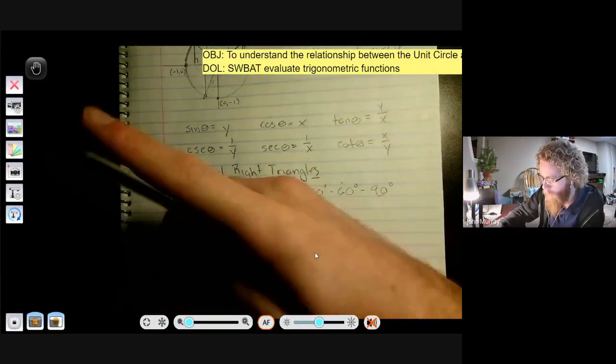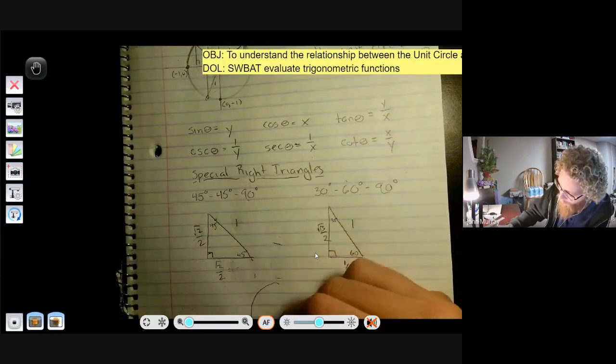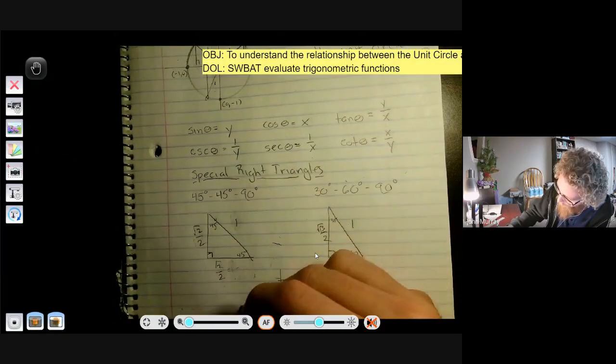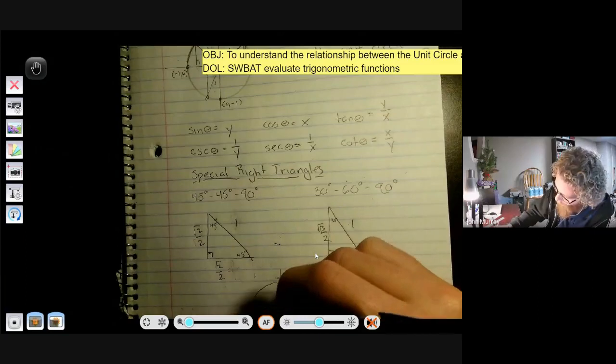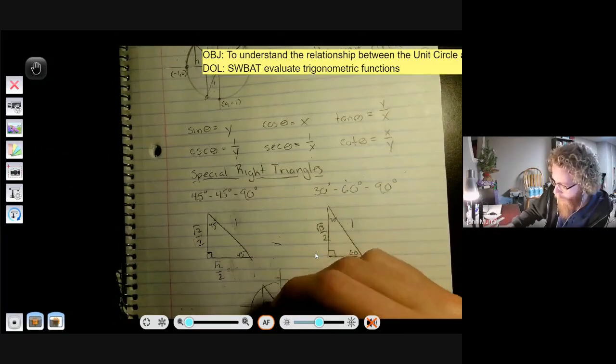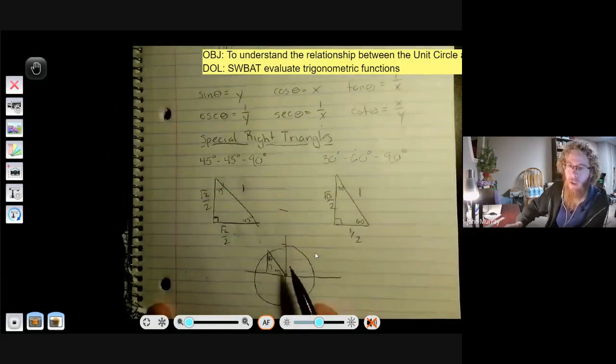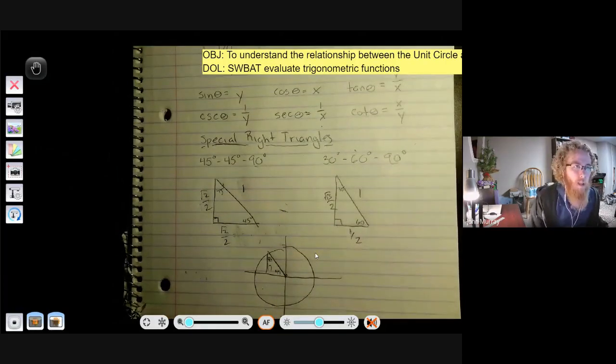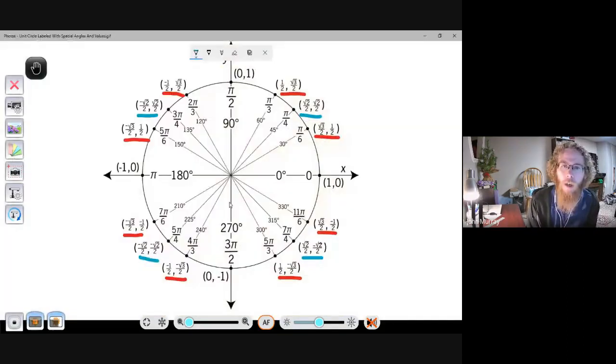So in the unit circle, no matter where our angle is, I'm either going to try to set up a 45, 45 triangle in the unit circle, and if that's the case, then like we saw, our coordinates are going to be root 2 over 2, and the positive or negative just depends on which 45-degree angle we're looking at.